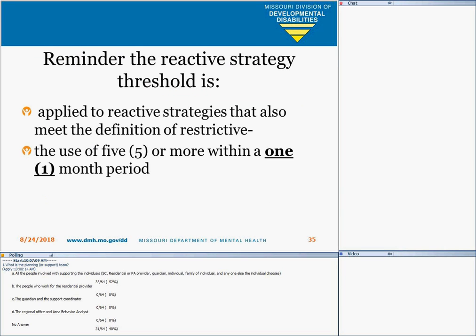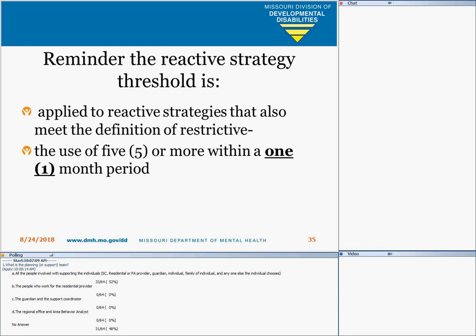Here's a reminder. In the first session, we went through the reactive strategy threshold, and this is the threshold that has been set that says the planning team must do something once you reach this threshold with use of reactive strategies.